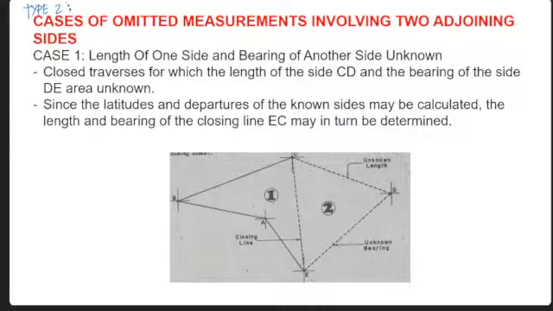So looking at the figure, we have traverse A, B, C, D, E, A. And yung CD, meron siyang bearing pero walang length. And yung DE naman, meron siyang length pero walang bearing. So one unknown length and one unknown bearing. Two adjoining sides, magkatabi or magkasunod na sides.